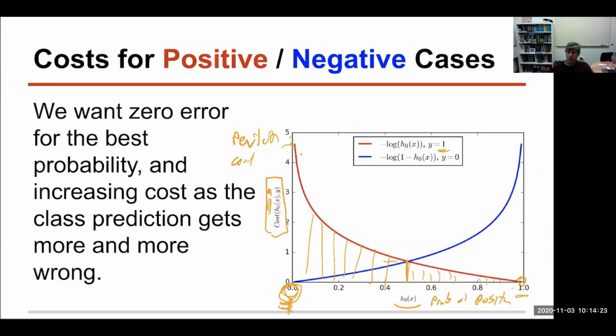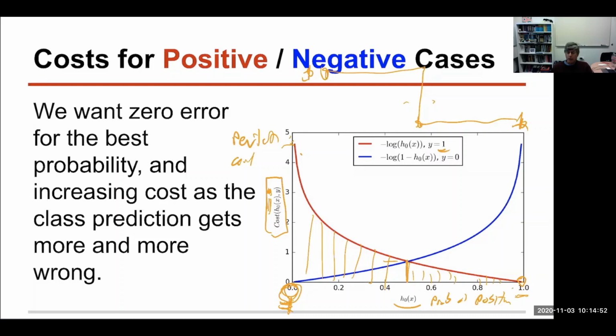One possibility might be you get no penalty for getting it right, and a high penalty for getting it wrong. This would be an alternate penalty function.